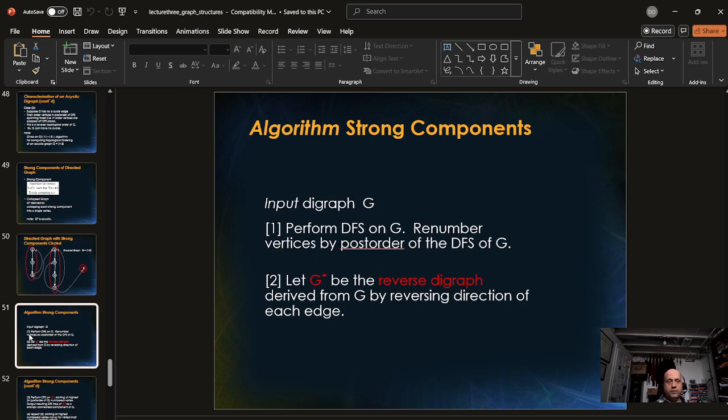Algorithm strong components. Input digraph G. We perform depth first search on G and renumber the vertices by post order of the depth first search of G. Here we let G star be the reverse digraph derived from G by reversing the direction of each edge.